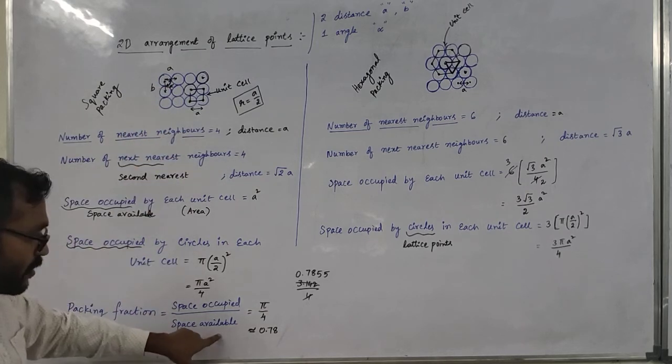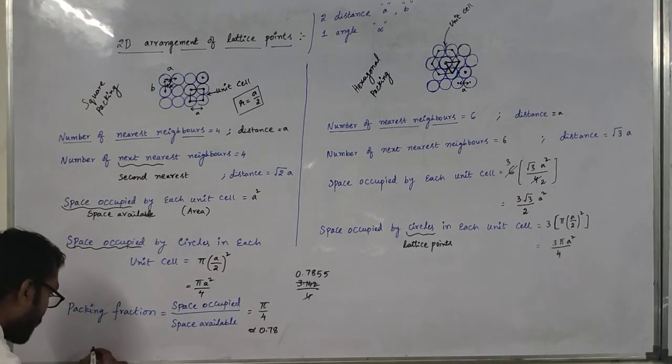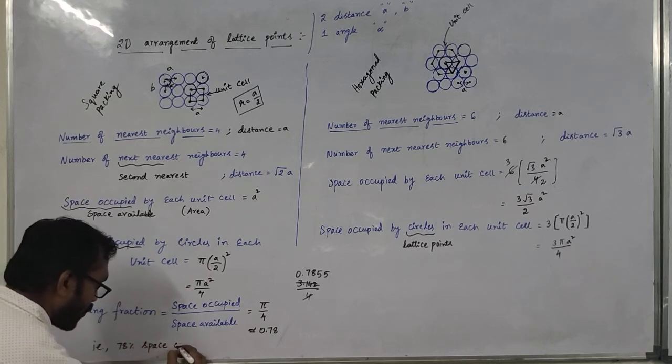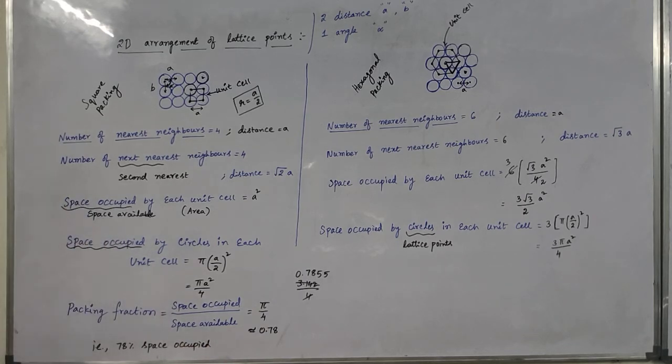Space occupied by space available is 0.78, which means 78% space occupied. Now what is the empty space? 22% space is empty space. We call that empty space as void. So 22% space is void, 78% space is occupied.